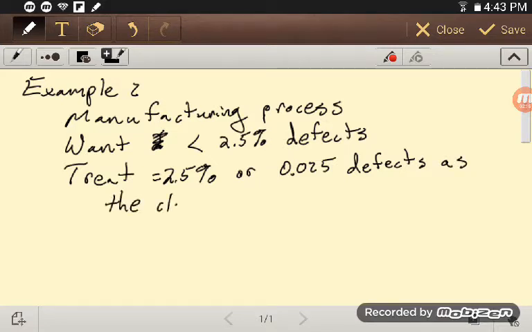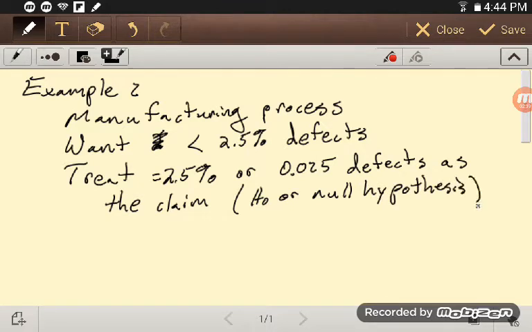Now this is an important part about our claims, or what we call our null hypothesis. So our claim is our H0, or null hypothesis. And it needs to be an equality. Okay, it needs to be a single case.